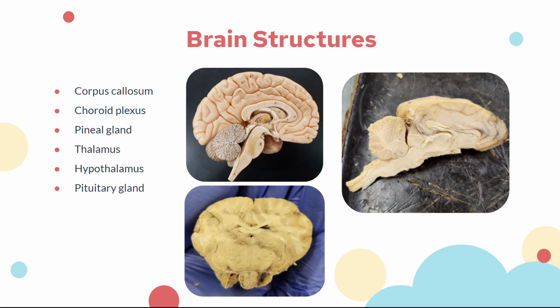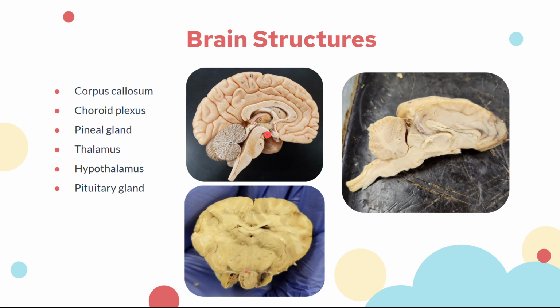And then for the pituitary gland, on the human model you can't really see it that well, but it seems like it would be right around this area since it's right beneath the hypothalamus. On this sagittal for the sheep brain, you can't see it. But on this coronal section you can see it.